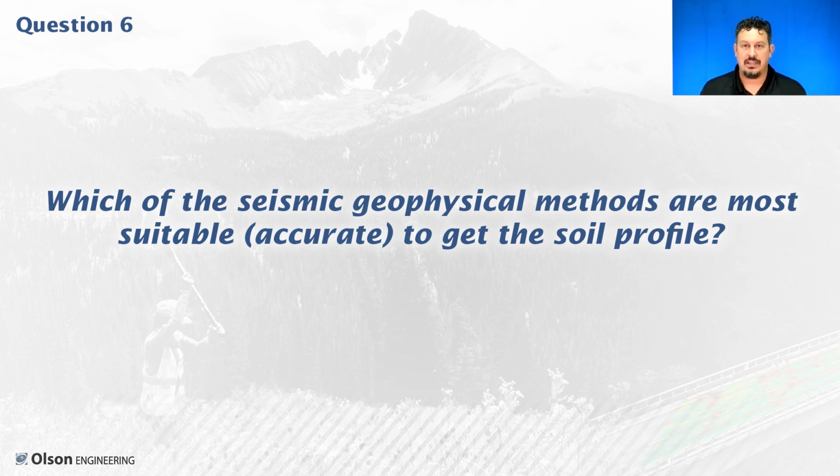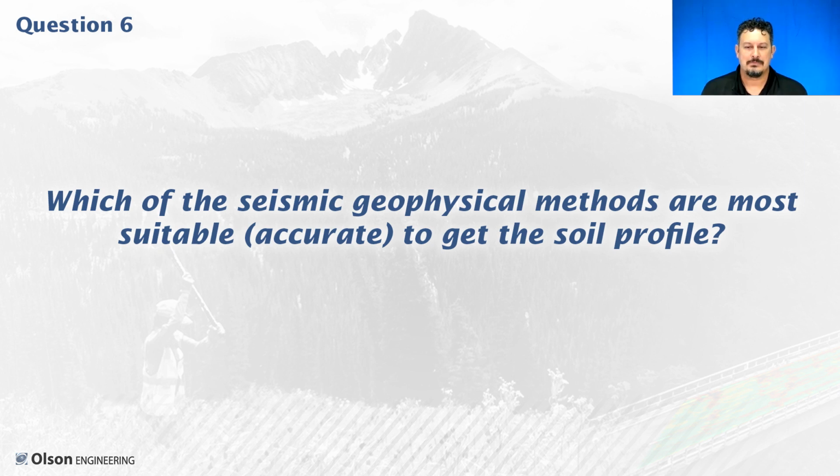And if we say that our results indicate that we're not getting good data down to 100 feet, you will want to do a borehole method as a follow-up, because we can't answer the question from the data we have. So I don't know if that necessarily answers the question, but that's sort of the approach that I would take.